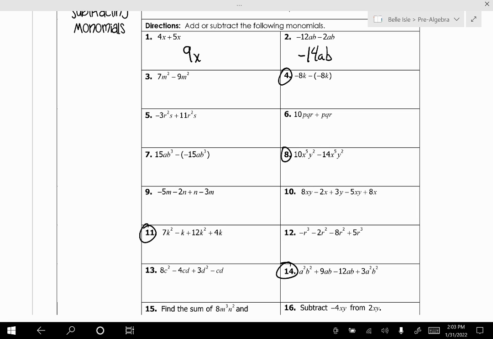It's 0. Okay, number 4, what do we think it is? 0. I know. Number 8: 10x to the 5th y squared minus 14x to the 5th y squared is... I will wait another 60 seconds.